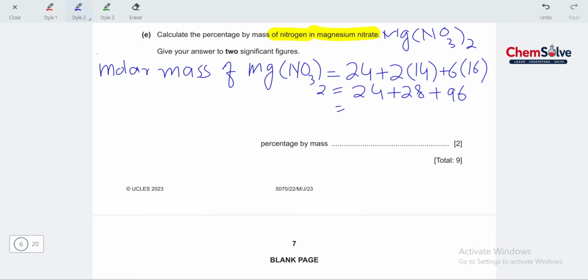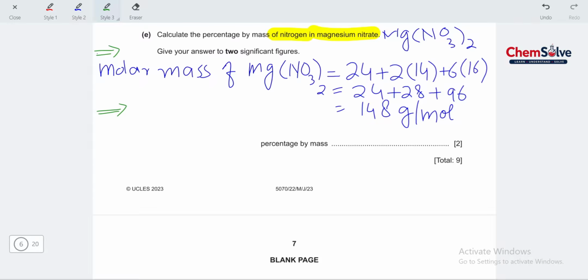Let me calculate it by using my calculator. So it is 148 gram per mole. So till now we have completed our step 1.